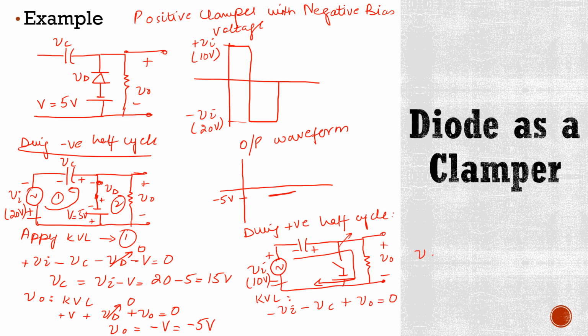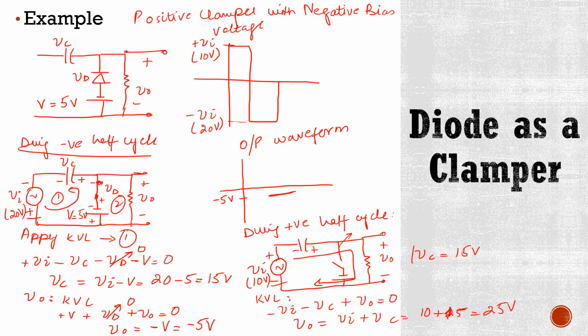Again, this capacitor will retain its voltage, so it is 15 volts during this state when diode is not conducting. So now this V0 is equal to Vi plus Vc, which is 10 plus 15, which gives us 25 volts.